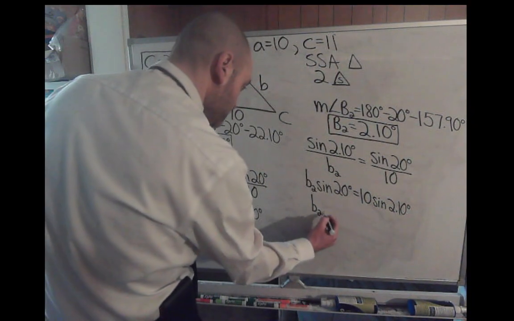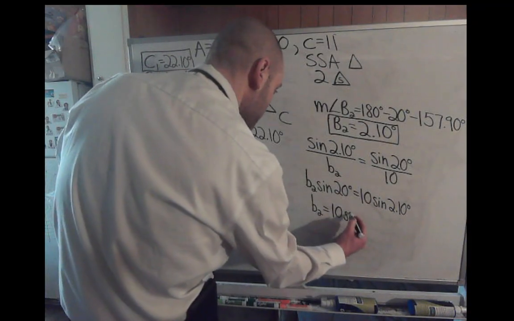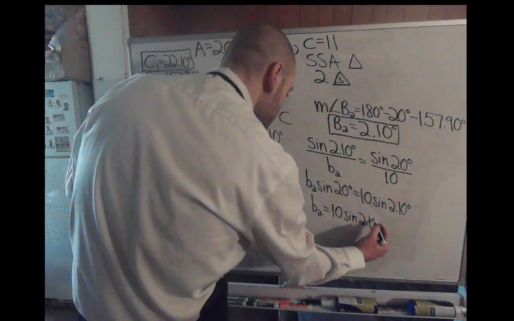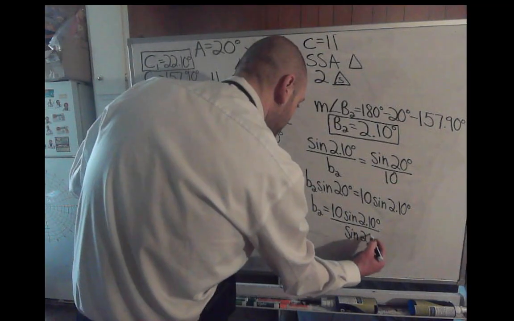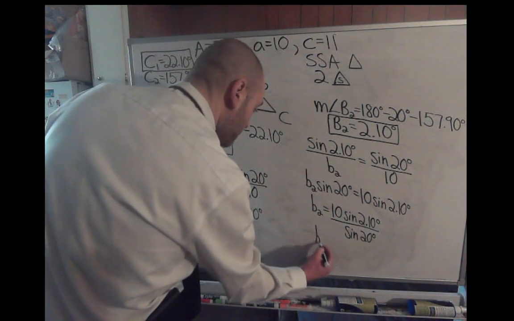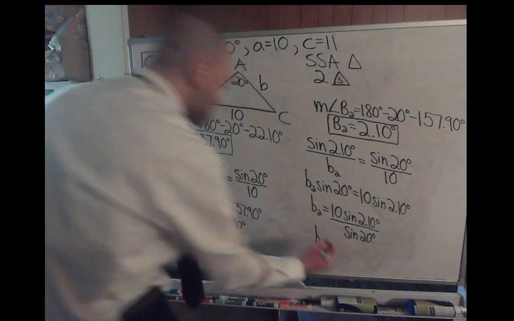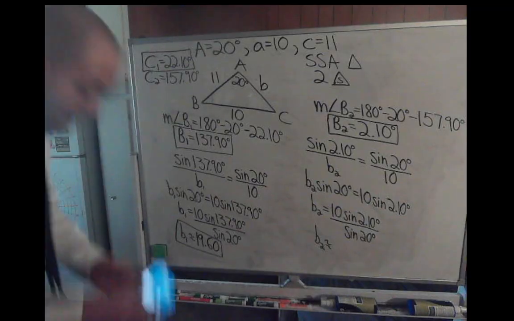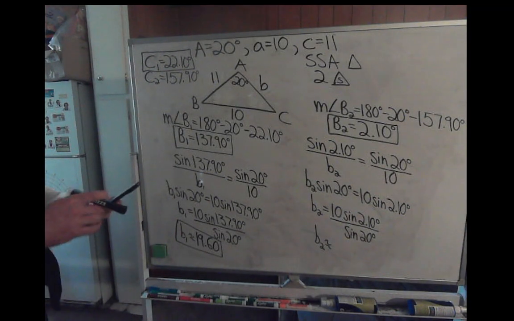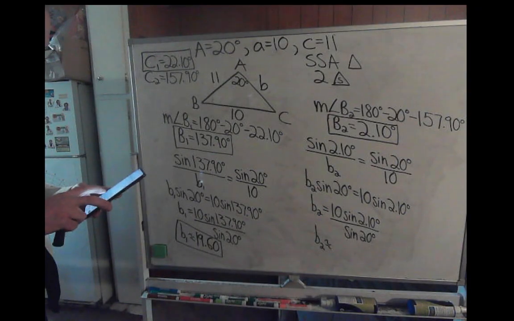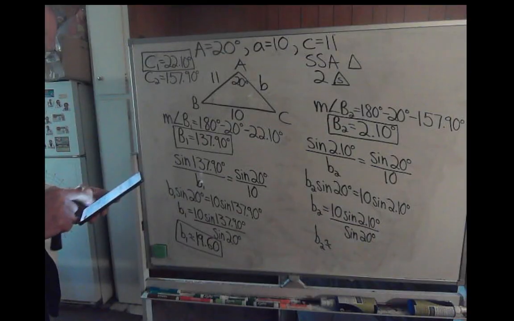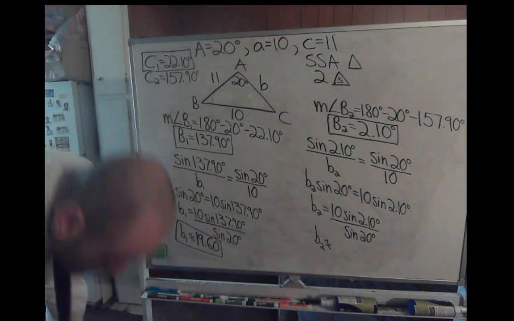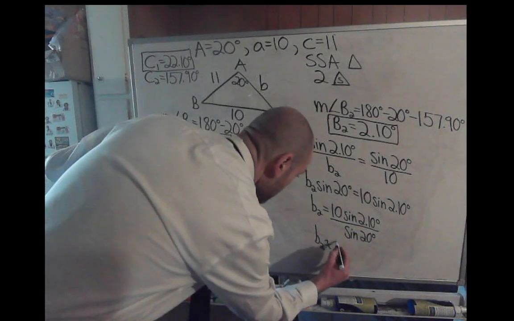So B sub 2 would equal 10 times the sine of 2.10 degrees all over the sine of 20 degrees. So now we should get a 2 decimal place approximation for this second triangle. Let's see, 10 times the sine of 2.1, divide that by the sine of 20, you get about 1.07.